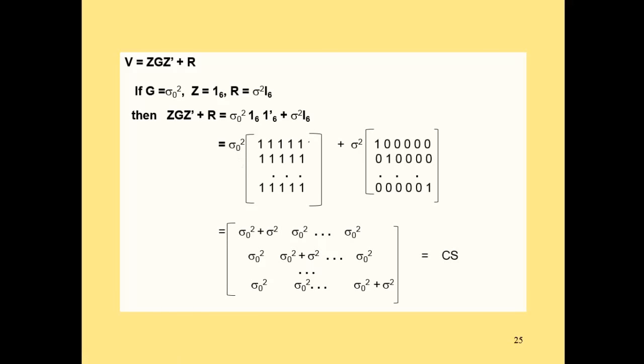So we end up with ZGZ prime equals sigma naught squared times a 6-by-6 matrix of 1s, if we have 6 observations per subject, plus the R matrix, which we defined as sigma squared I6.